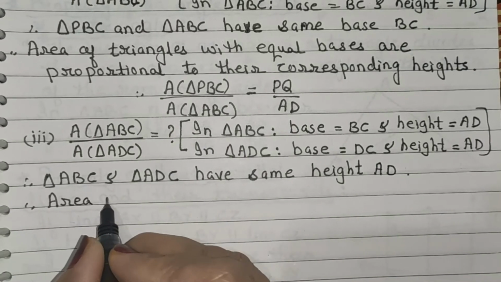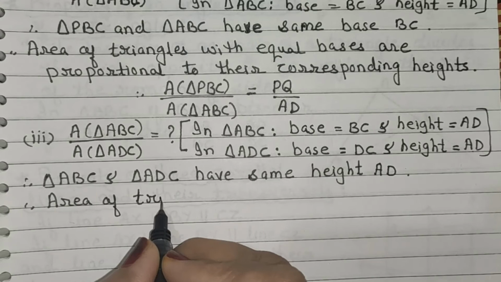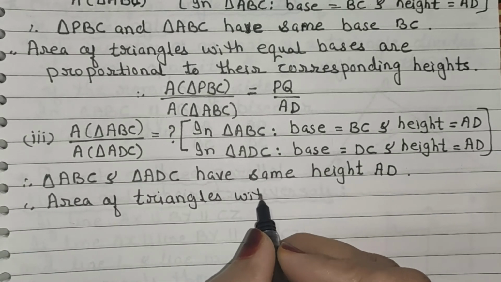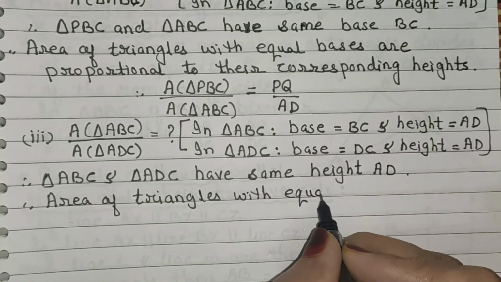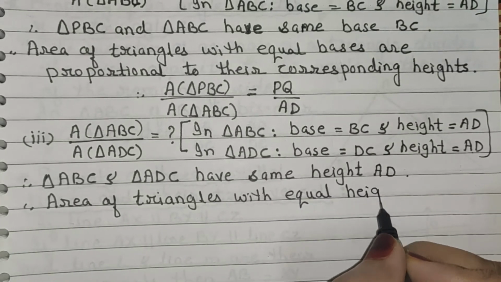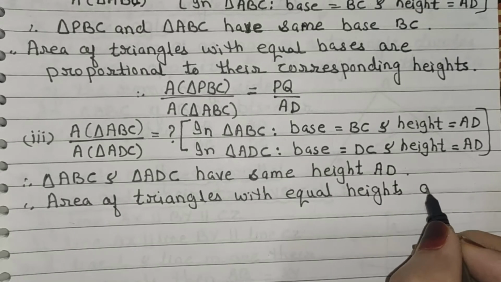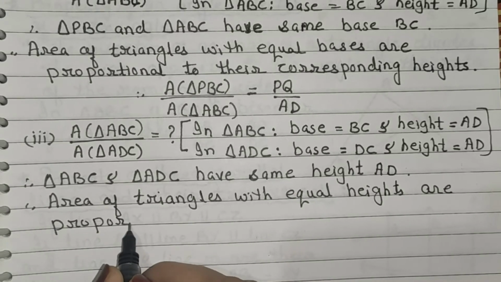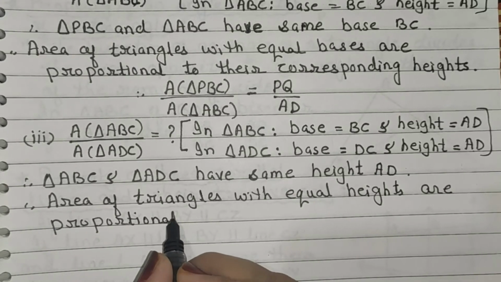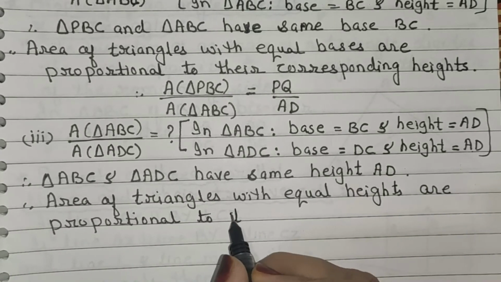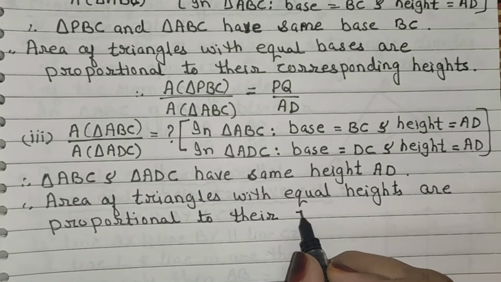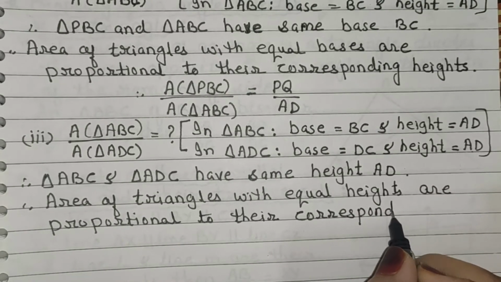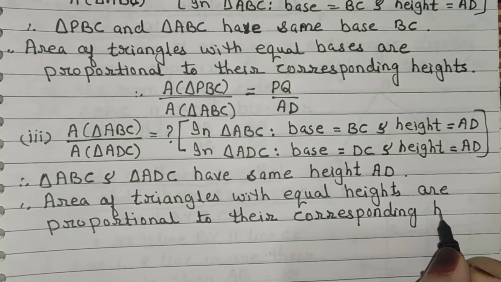Therefore we know that areas of triangles with equal heights are proportional to their corresponding bases.